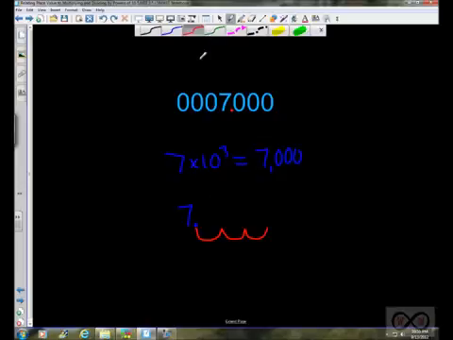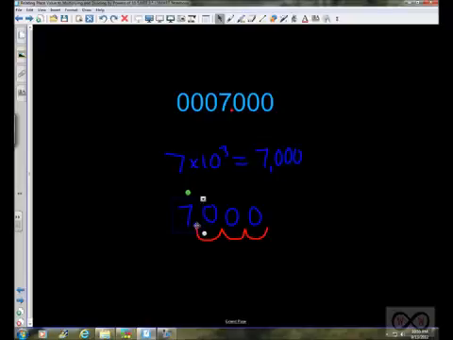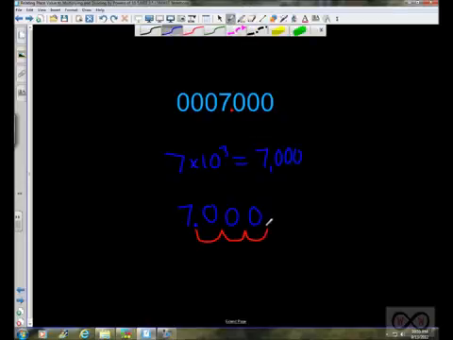You could fill in zeros for each space you moved to hold those places. Sometimes people call them placeholder zeros. The decimal point seemed to move 3 places to the right, giving us 7,000. So yeah, we can really use that as a shortcut.